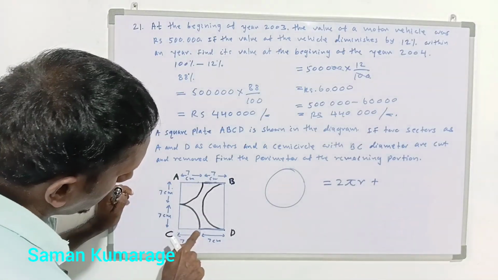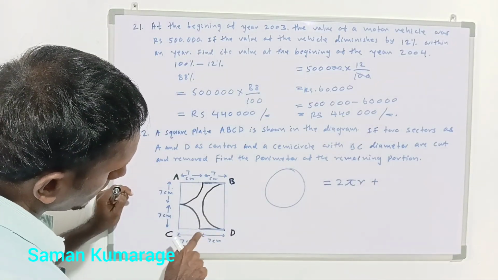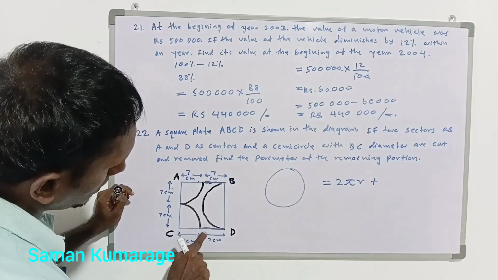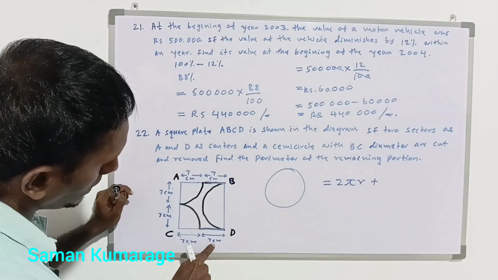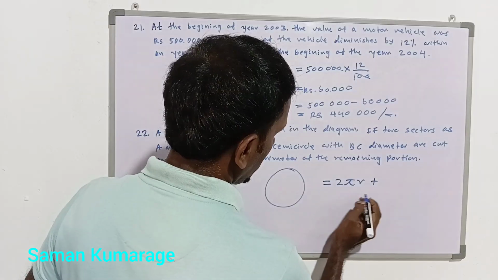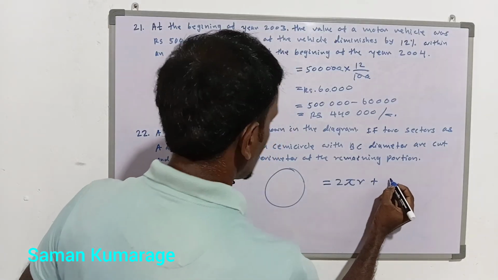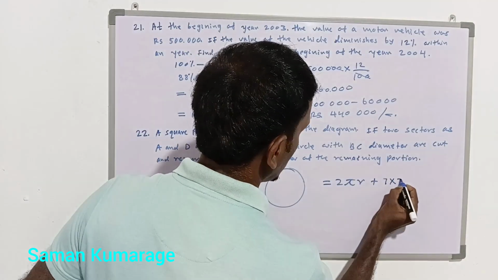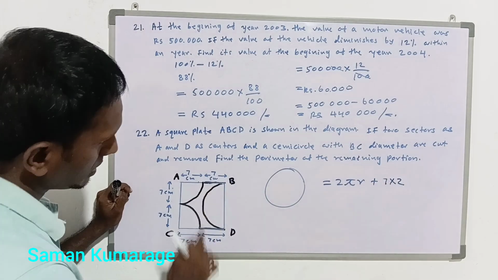What is the length of these two straight lines? 7 centimeter. Then we can write like this, 7 by 2, here 7 and 7.